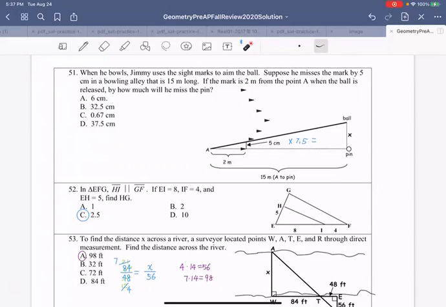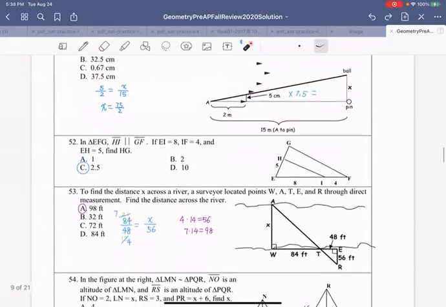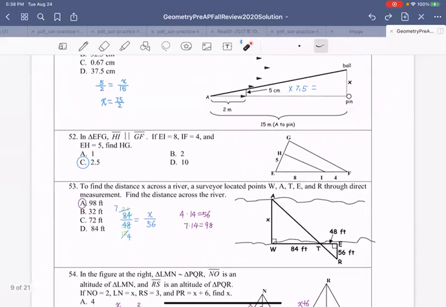This guy divided by this guy equals this guy divided by this guy, correct? Proportion, right? This triangle and this triangle are similar triangles. So of course the corresponding parts are proportional, correct? Will this question happen in the PSAT? Yes. That's why we prepare you. Make sense?